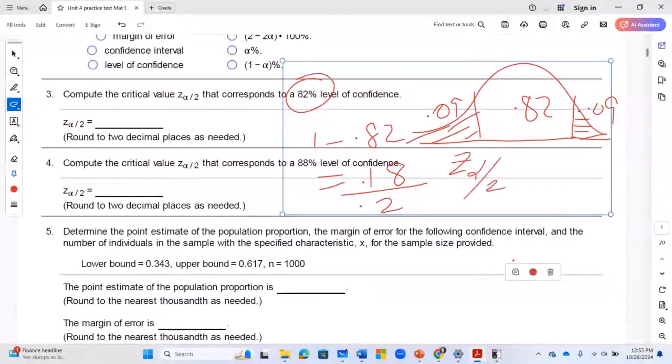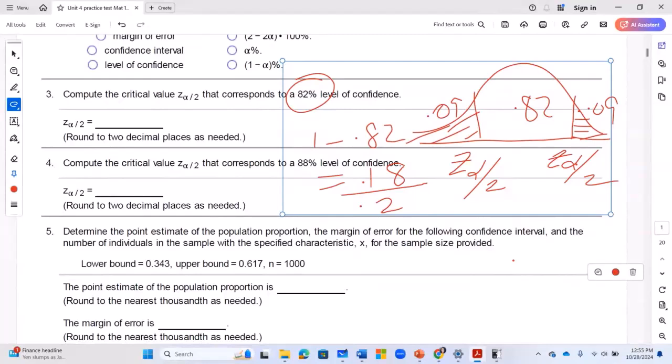What does Z alpha over 2 mean? It means compute the critical value. So they are asking you to compute the critical value, which is Z alpha over 2 when you are given the confidence level.